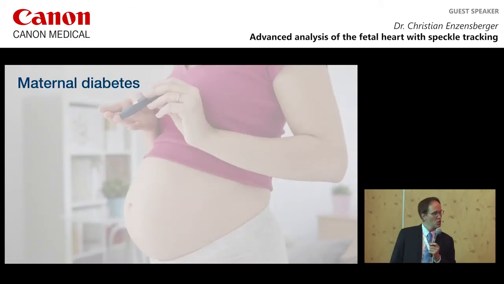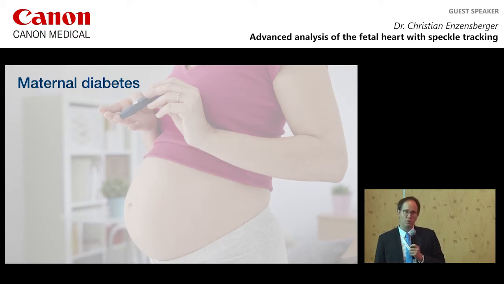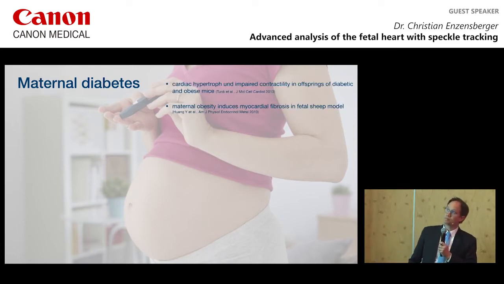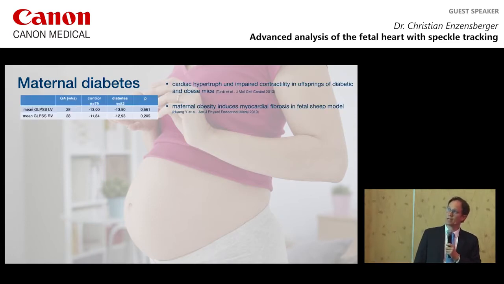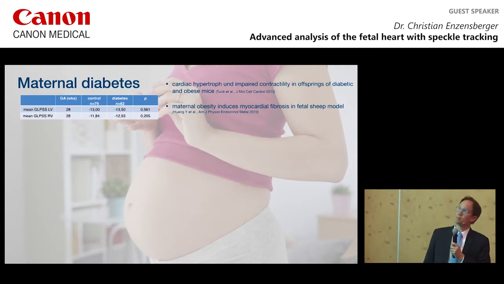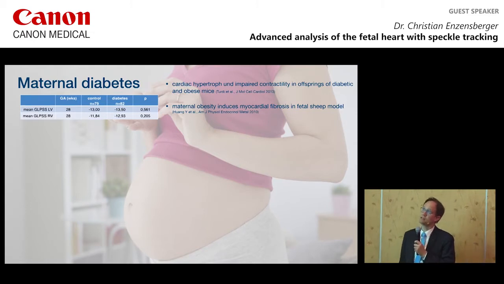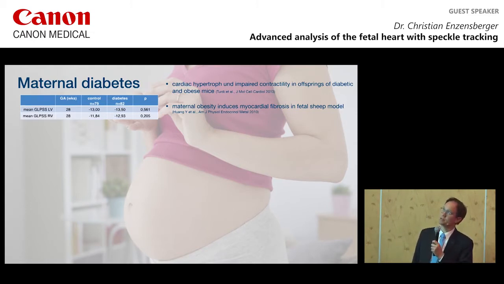Maternal diabetes: we already know from epidemiological data about the relationship between maternal diabetes in pregnancy and an increased risk for cardiovascular diseases postnatally. We performed a study with a control group of 79 fetuses and 82 fetuses with diabetes.